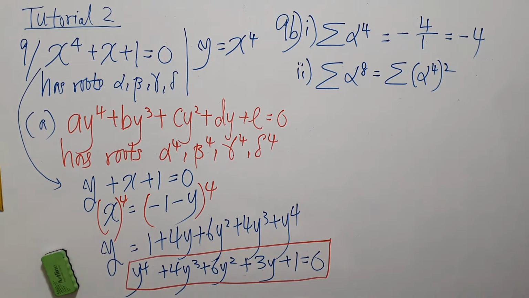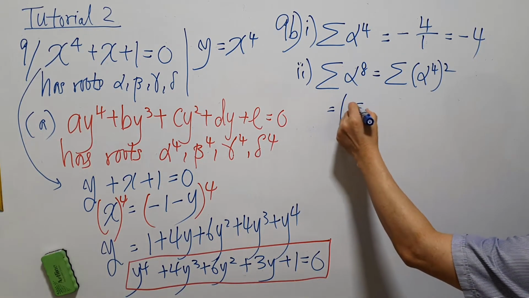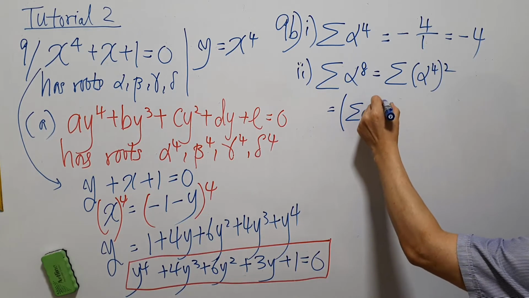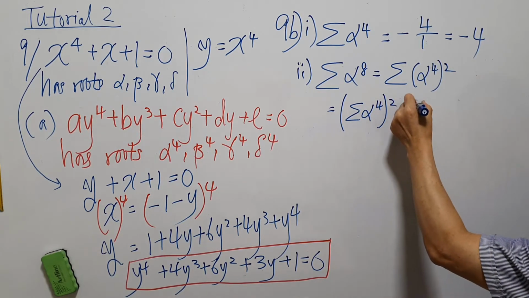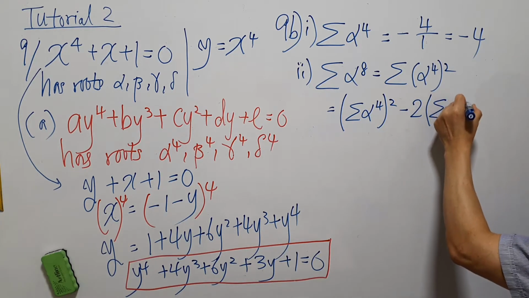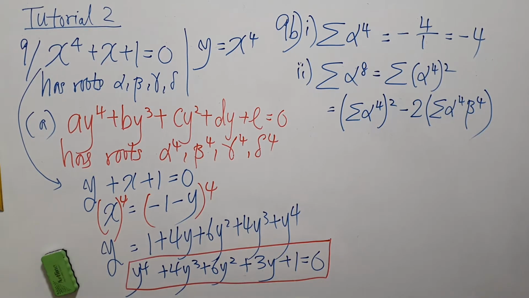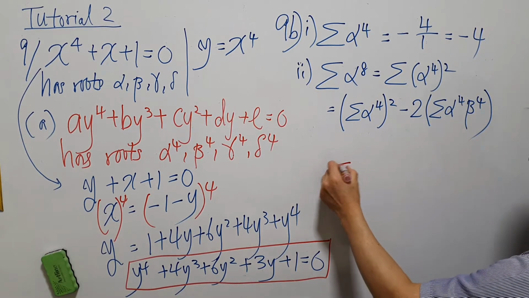Okay, then I can rewrite this thing as summation of, now we have seen this idea a few times before already. This one came from what, you know? This one came from this. You remember?